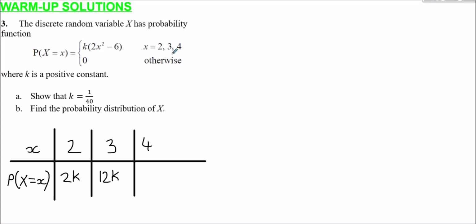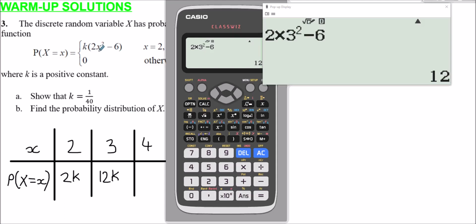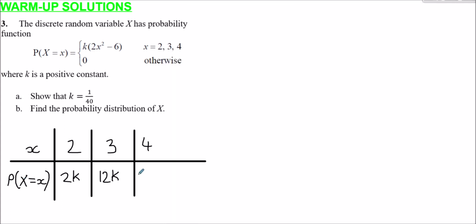Then the probability of big X taking a specific value of 4 is k times 2 times 4 squared minus 6. So working out the brackets here, subbing in when little x is 4, 2 times 4 squared minus 6, that gives us 26. So when x is 4, the probability of big X taking that value is 26k.